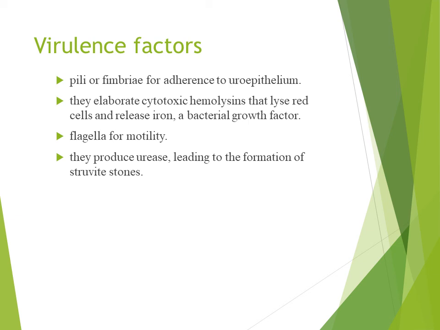They also elaborate a cytotoxic hemolysin that lyses red cells and releases iron, which is a bacterial growth factor. Also, they have flagella for motility, and they produce urease, leading to the formation of struvite stones.